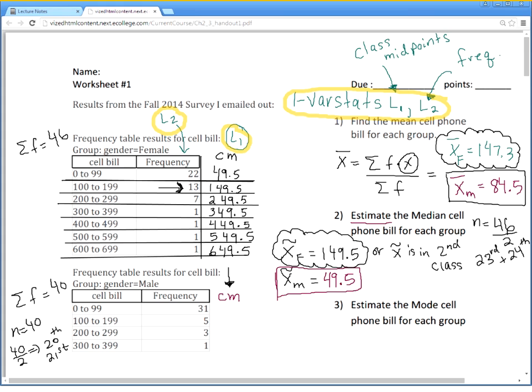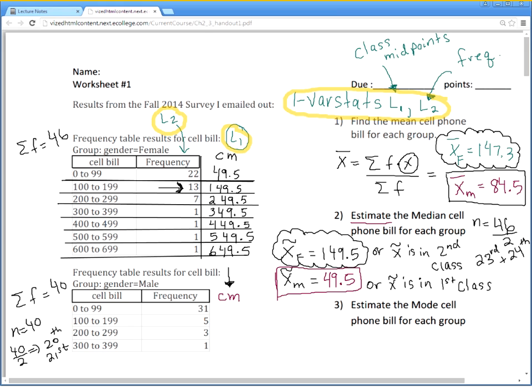That's where the median is going to be located. So for the male group, where would the median be? Which class is it in? Good. Okay. So that's the estimate.